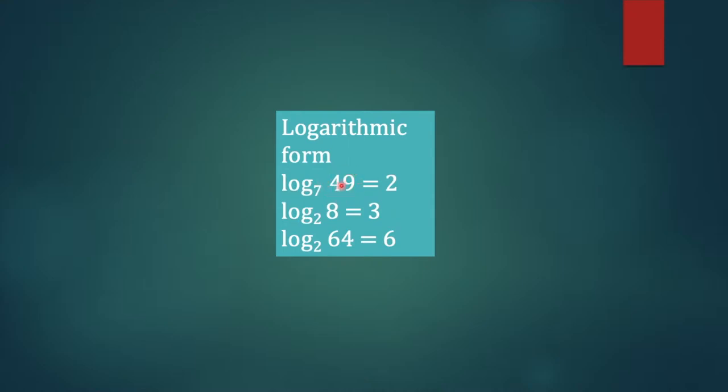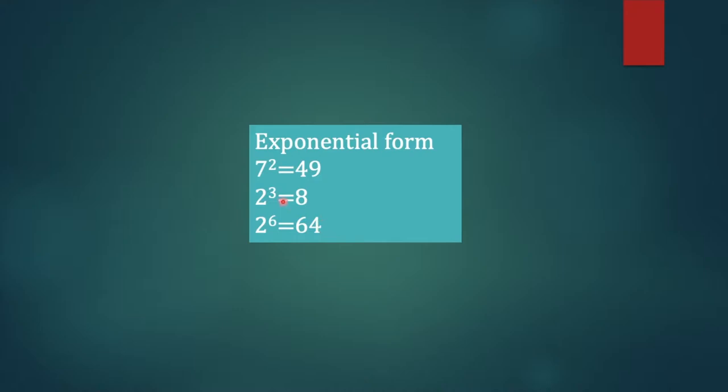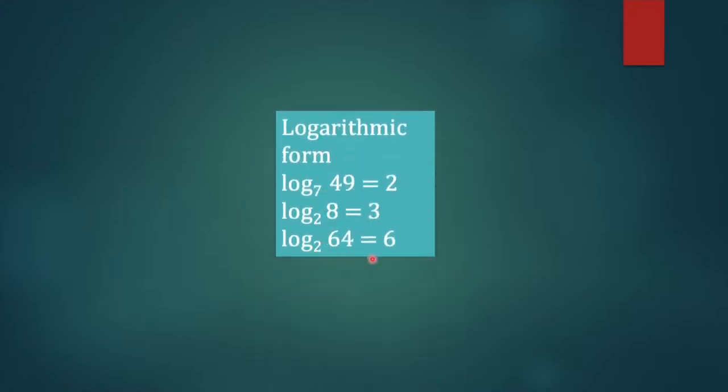That is log 49 base 7, which is 2. Similarly, what is the power of 2 to become 8? It is 3. This is how we express exponential form in logarithmic form.